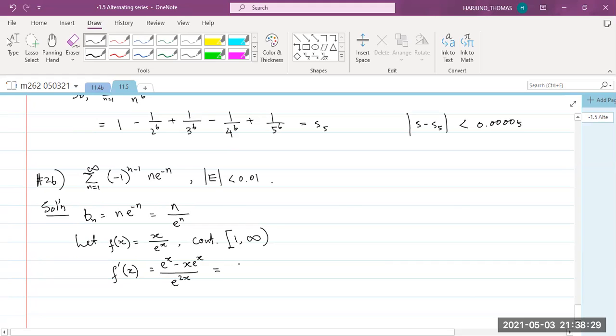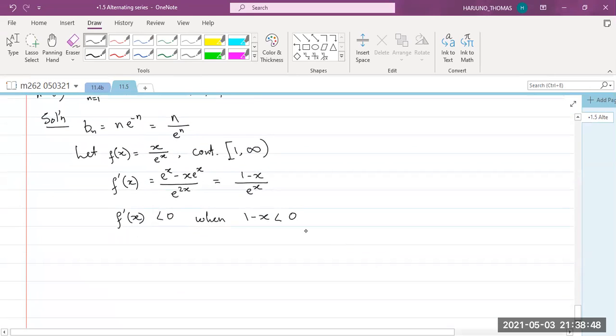Factor e to the x and cancel. I get (1 minus x) over e to the x. That will be negative when x is greater than 1.